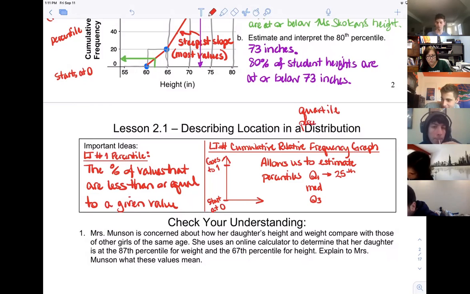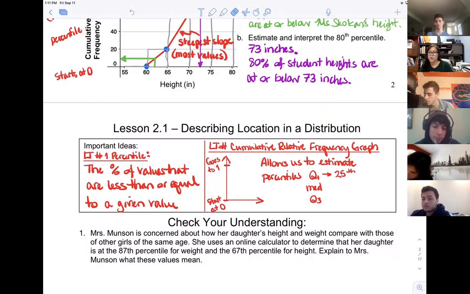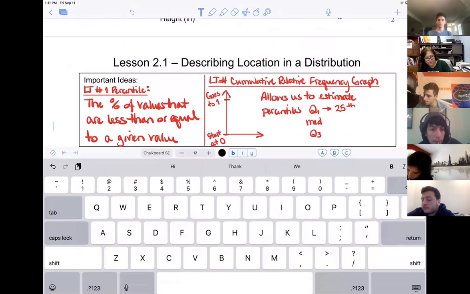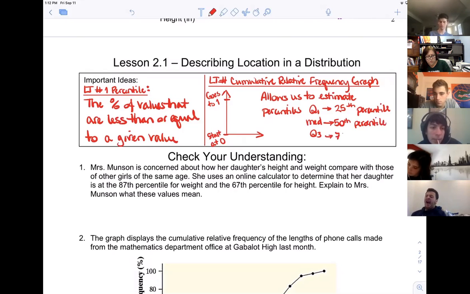And then we have percentile. And so this idea is all about positioning: quartile, percentile. You could have a decile also. That would be breaking it up by tens. So this is the 25th percentile. The median is the 50th percentile, and the Q3 is the 75th percentile.